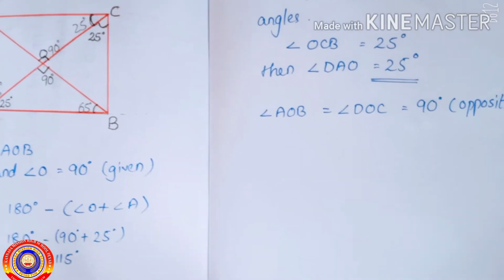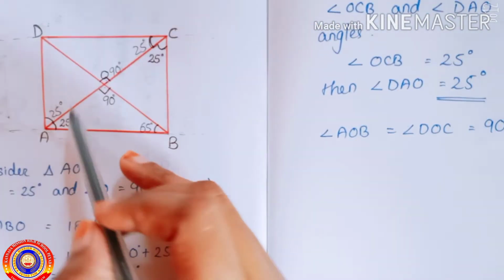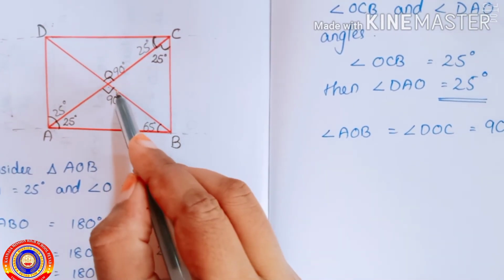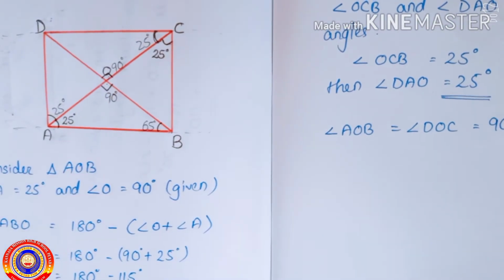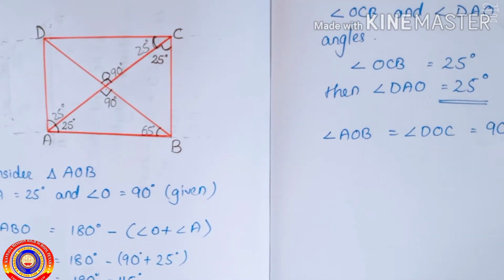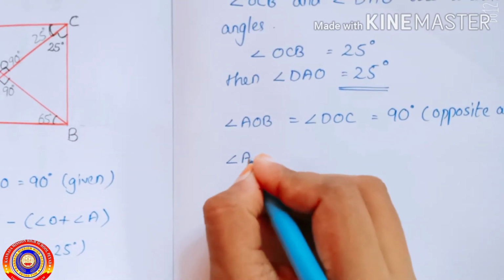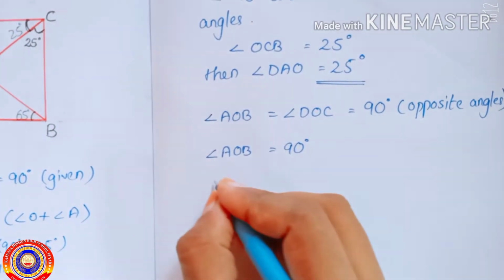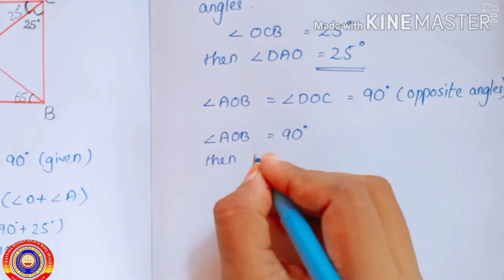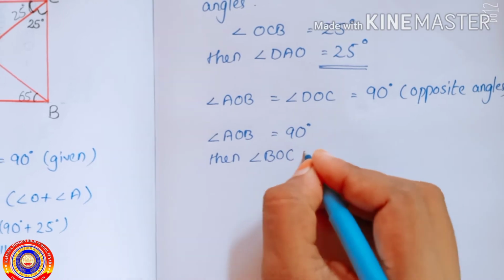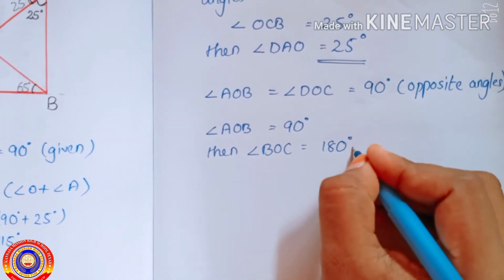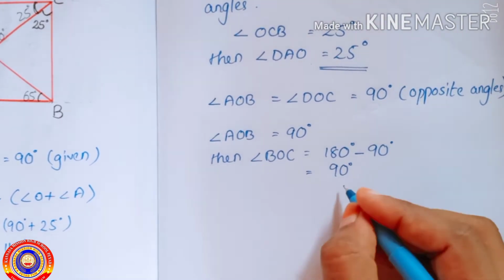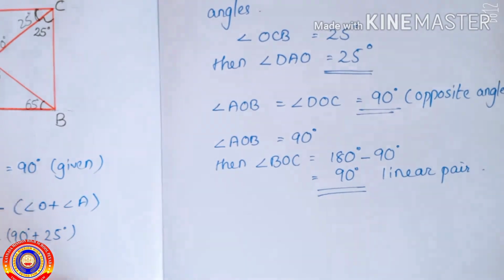We have already learned another concept: when a line is cut by another line, the pair of angles formed is a linear pair. Here angle AOB is given as 90 degrees. So, what is angle BOC? Angle BOC is equal to 180 degrees minus 90 degrees, that is 90 degrees, which is a linear pair.